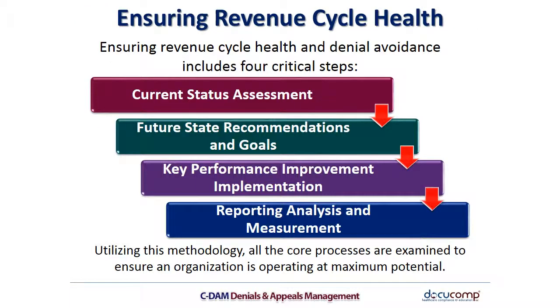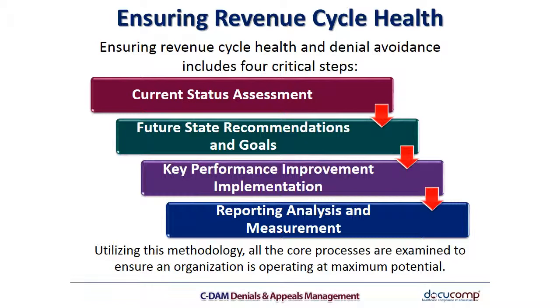In order to ensure revenue cycle health and denial avoidance, 4 critical steps have to be capitalized upon. Assess your current status. Identify where there's gaps and figure out how to mitigate those gaps to prevent future denials. From that assessment, you can identify future state recommendations and goals, and then implement key performance improvements in order to make sure to support a positive revenue cycle experience going forward.